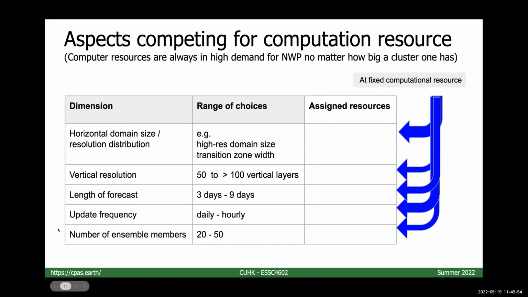And also, what is the frequency at which you need to run a brand new NWP run? That is to say, if you run a prediction only once every day, it will not be satisfactory, because at night in the weather prediction report, you can only report the same forecast as in the morning.